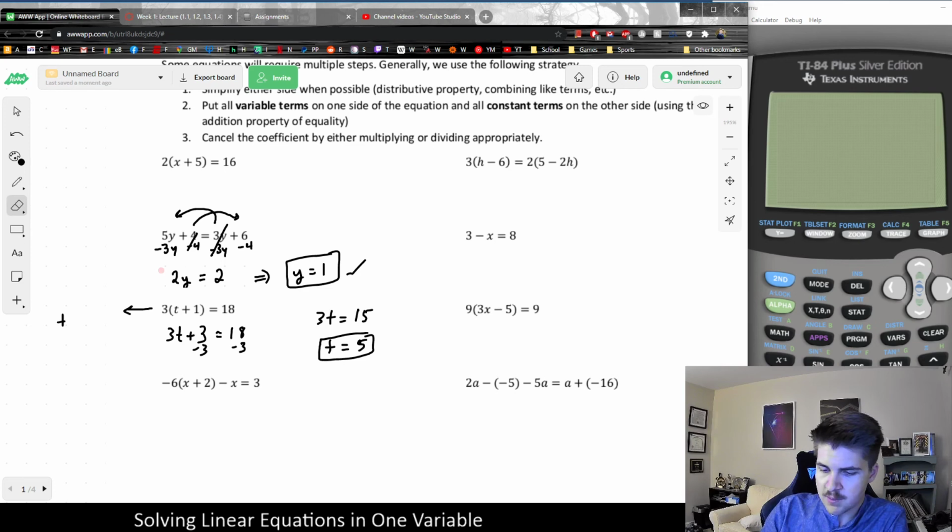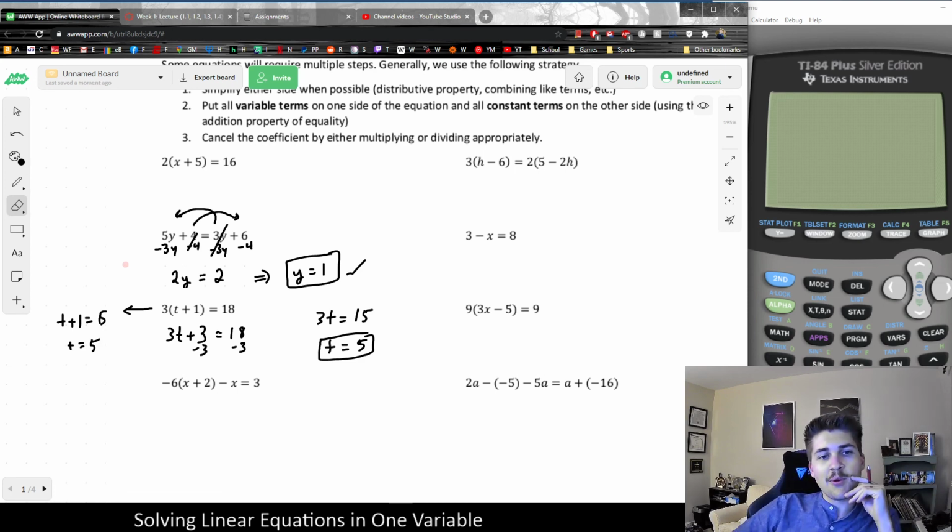So that would leave me with t plus 1 is equal to 6. 18 divided by 3 is not 5, 18 divided by 3 is 6. I was getting one step ahead in my head. So if I divide by 3 first, that would leave me with only t plus 1, and the parentheses would disappear because they wouldn't be needed anymore. And then I could subtract 1 from both sides, leaving me with t is equal to 5.